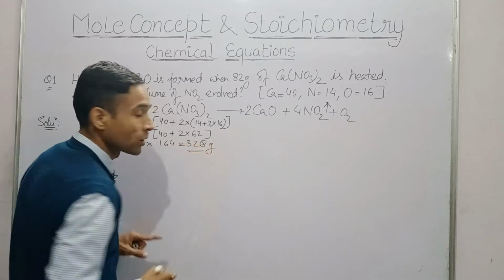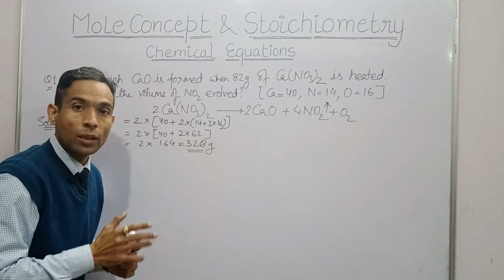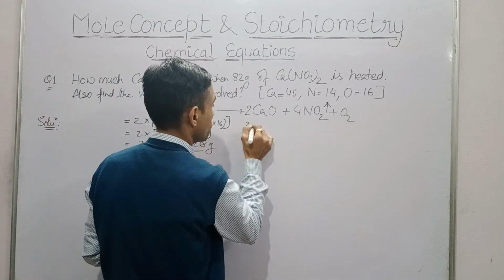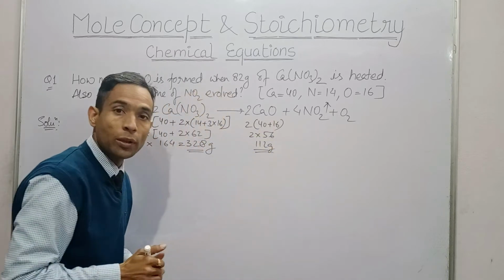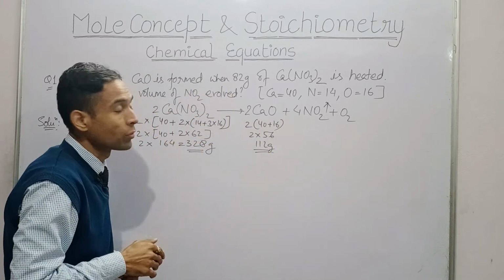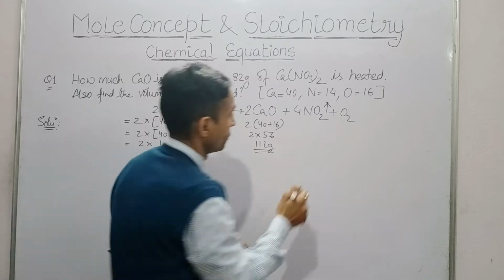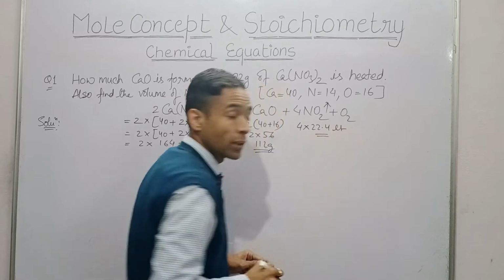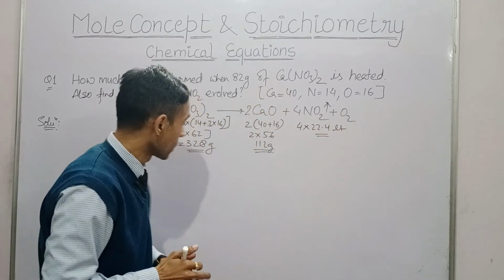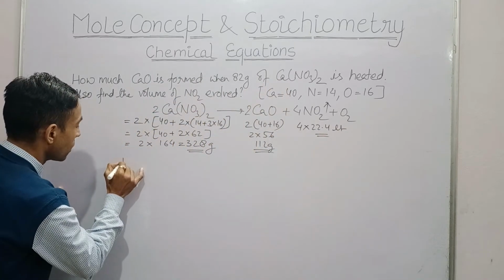So according to this particular reaction, 328 gram of calcium nitrate is required. According to this particular reaction, 112 gram of calcium oxide is formed. And at STP, 22.4 liter of nitrogen dioxide is evolved. Now let us apply the unitary method.